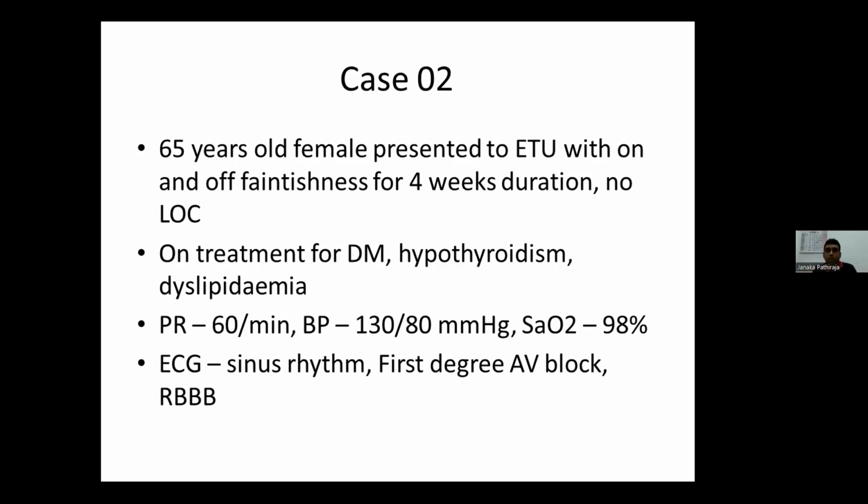ECG shows sinus rhythm, first degree AV block, right bundle branch block. What do you have to do? Is it an emergency or not? Not an emergency. Although the patient has symptoms like faintishness, at the time of presentation she doesn't need it.